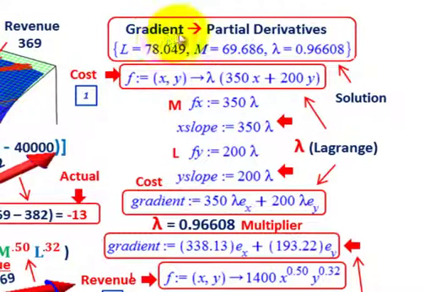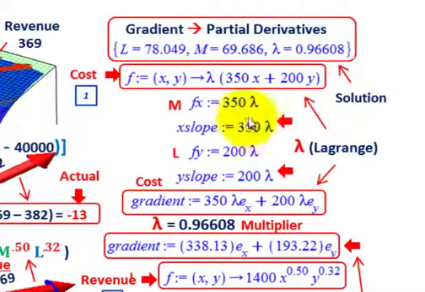First off, the gradient is really taking those partial derivatives, which we've already done. We came up with our solution in these quantities for material, labor, and our Lagrange multiplier. Just looking at our cost function, this is where we had that Lagrange multiplier times 350 times X, which I'm showing as material, plus 200 times Y, which is our labor. Taking the partial, which is really just determining the slope, of the cost function for M, our material, gives 350 times lambda.